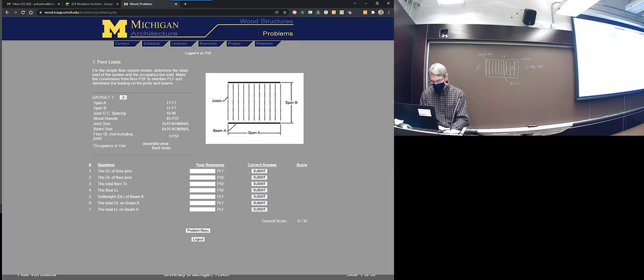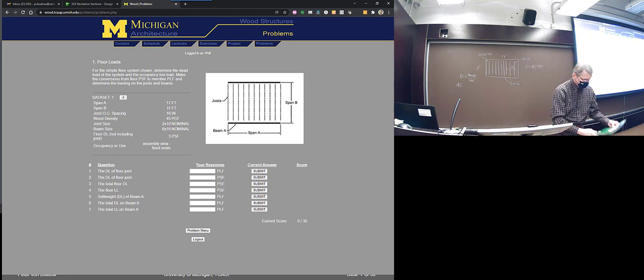This should be that. All right, so we want to say the dead load of the floor joist was D times the area over 144. So the density we say is 45. The area of a 2 by 10 we can look up in our NDS real quick.